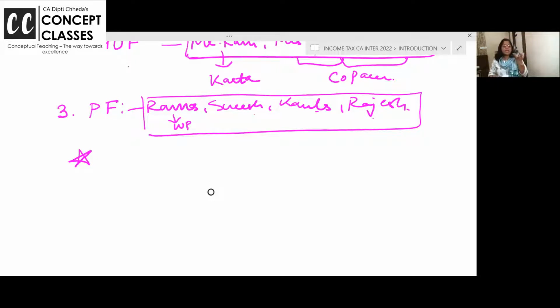Let us bridge up now the theoretical concept with practical linking. Today's first homework: any of your parents, brothers, anyone around you doing business in partnership, make sure you spare time and read the deed. In income tax, the first thing a firm has to submit to the income tax department is their partnership deed copy.